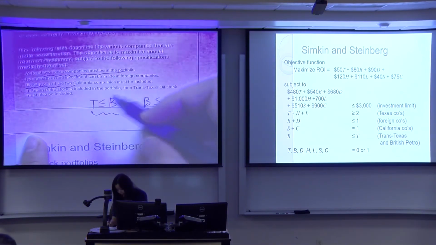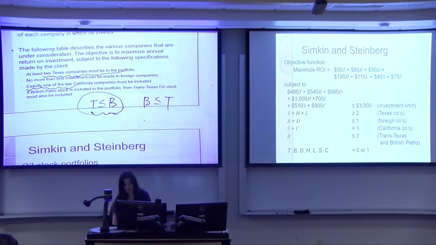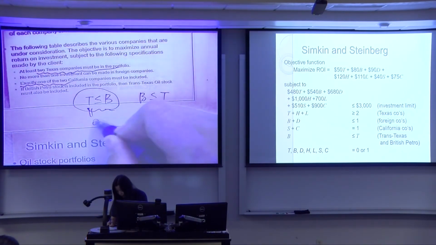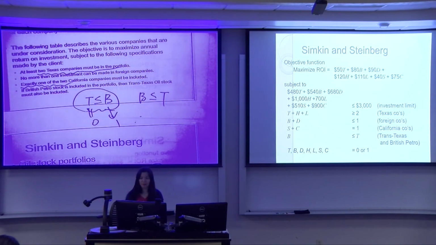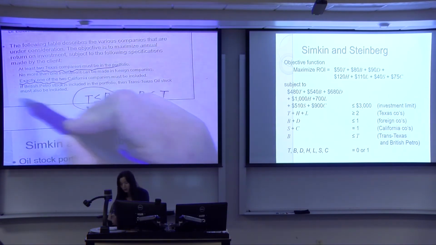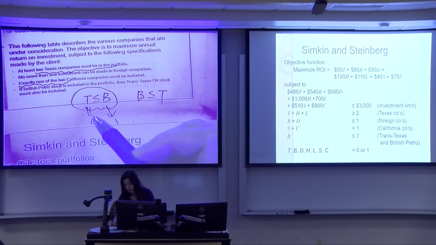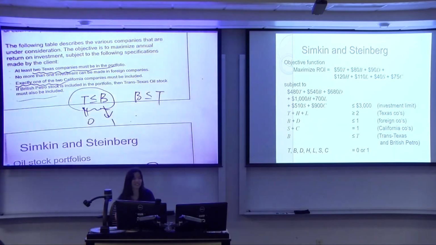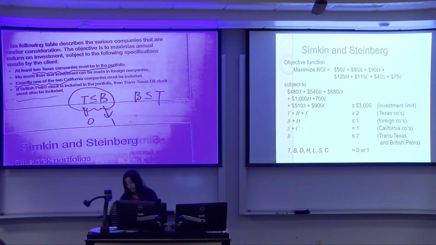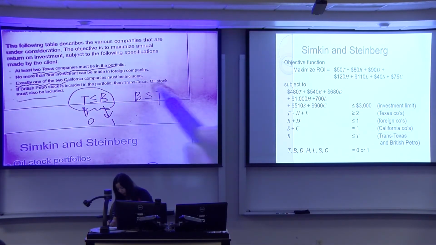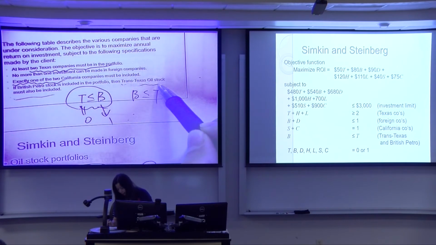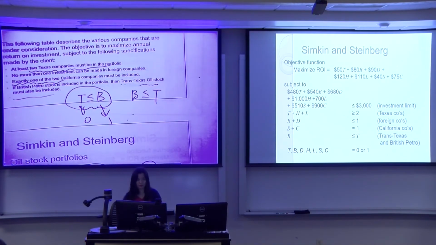So, okay, let's say this. If T less than B, if T equal to 0 and B equal to 1, that satisfies this constraint, right? But apparently, that's not what the statement is saying. It's saying if the British Petrol is included in the portfolio, then the Texas oil must also be included.